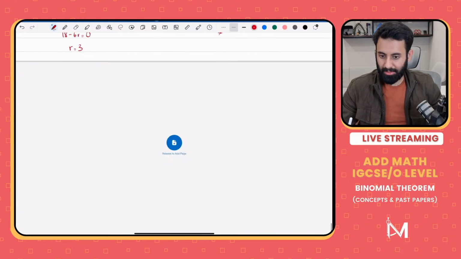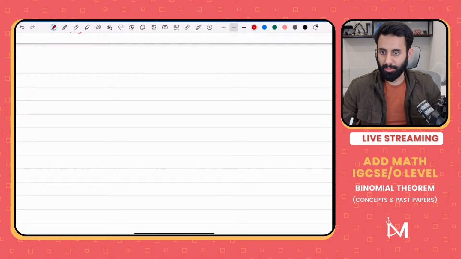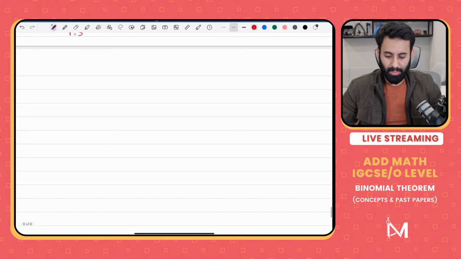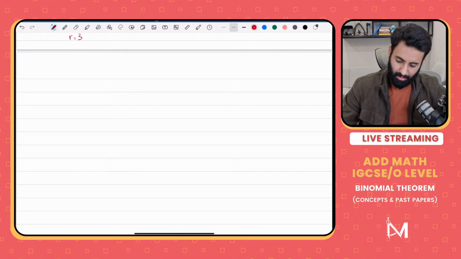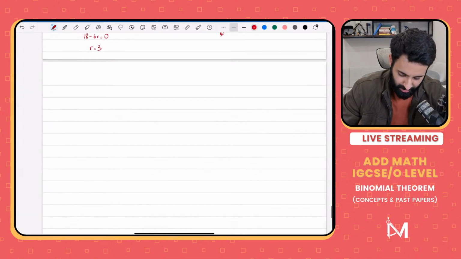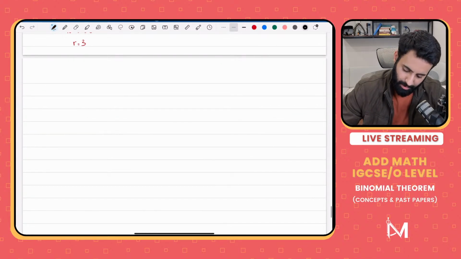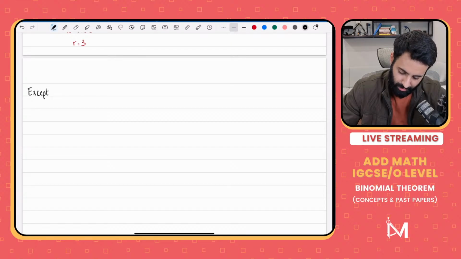Acha, अब let's have a look at the exception to the rule. Okay, let's have a look at an exception to the rule, and here it is. So in case there is an exception to the three rules, what formula do we use? Anyone would like to answer that question?